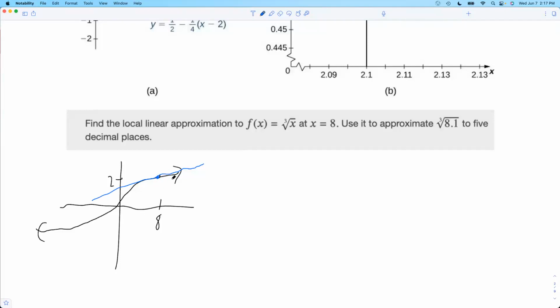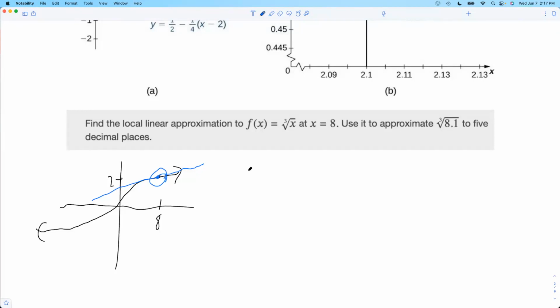So this is going to give me a pretty good approximation of this function close to x equals 8. It's not going to do me any good down here at x equals 1 or way over here at x equals 1,000. It's going to be a terrible approximation. But as long as I'm near 8, it'll be a good approximation. I'm looking at 8.1. I think I'm going to be okay.